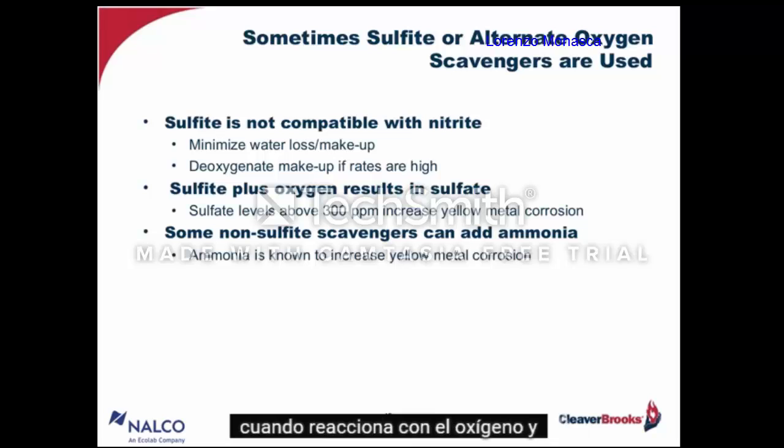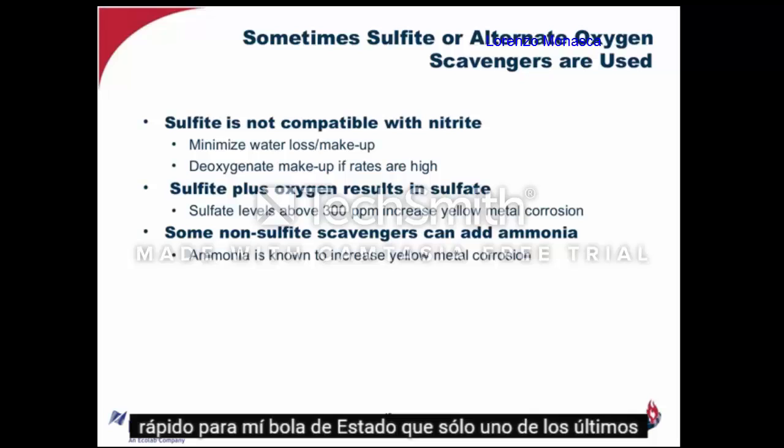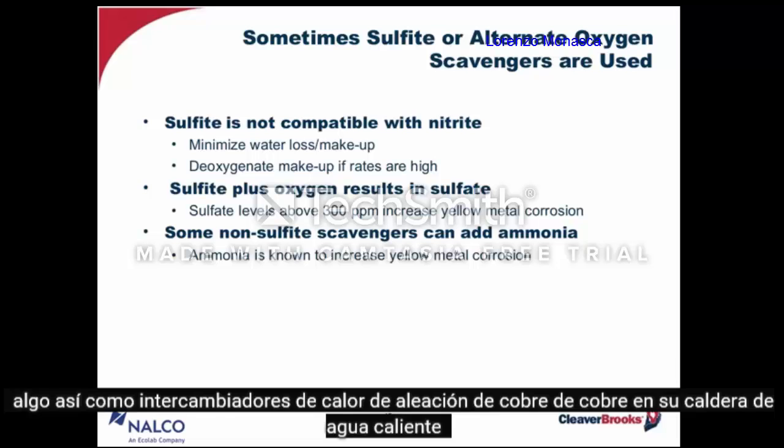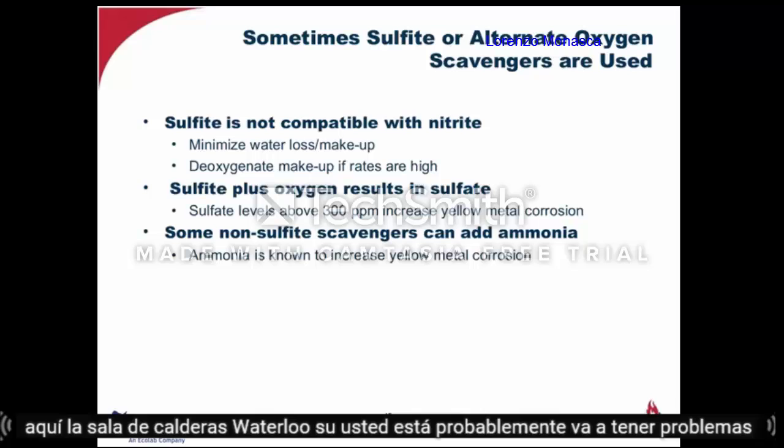Sulfite, when it reacts with oxygen, ends up forming sulfate. That's just one of those facts. Unfortunately, another fact is that sulfate at higher levels, and here I've got 300 ppm, causes a yellow metal corrosion problem. So if you've got something like copper alloy heat exchangers in your boiler hot water loop, you're probably going to have problems.